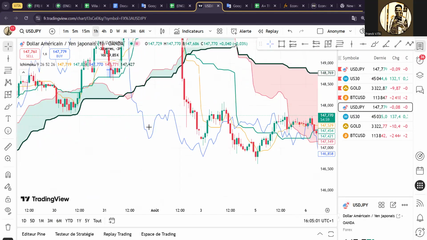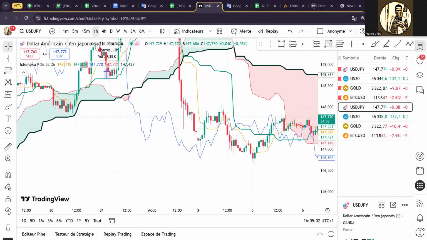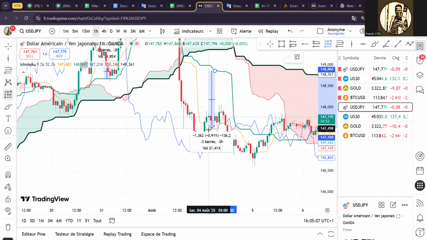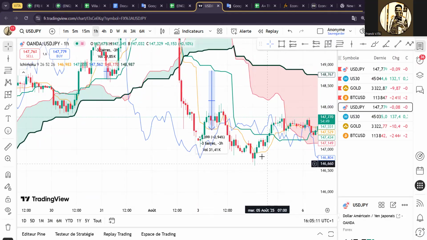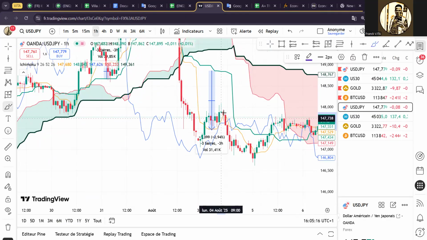For example, you had this 100 pips size, 138 pips, that made the price make a correction. You had a correction, yes, but it was a correction that announced a small continuity, but it announced first of all the reversal.